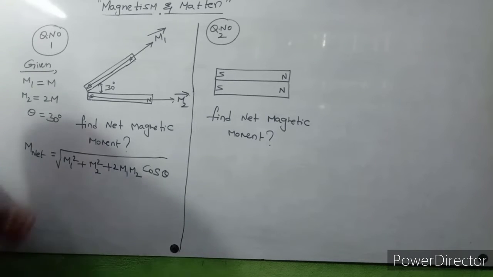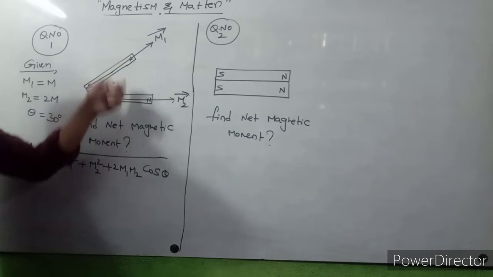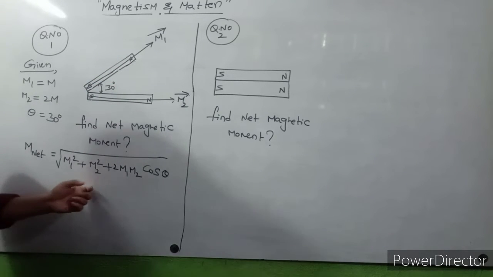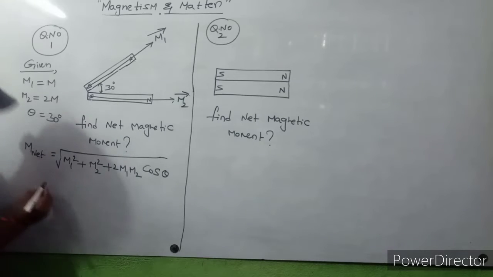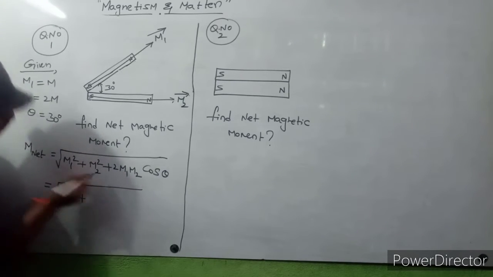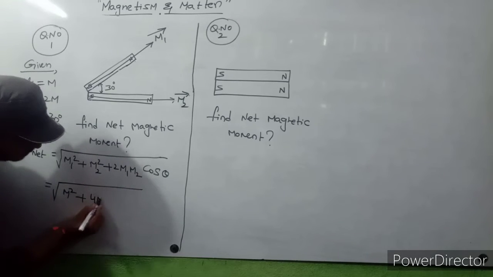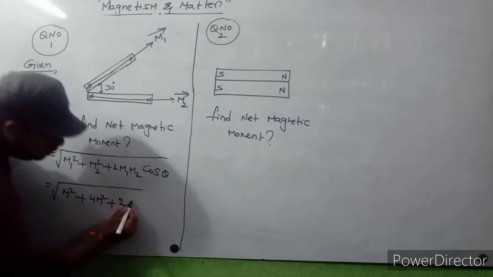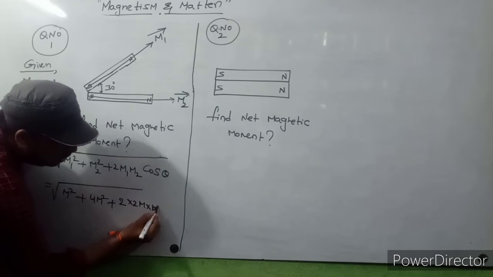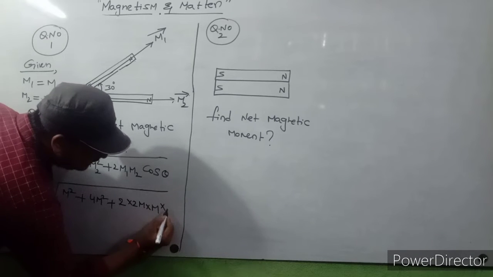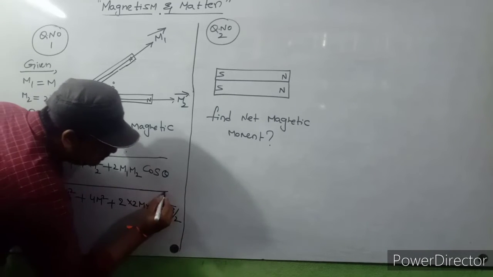By using this formula, if any 2 vectors are separated by some angle, we find it. M1 square means m square, M2 square means 4m square, plus 2 into m into 2m into cos theta. Theta value is 30 degrees, cos 30 degrees is root 3 by 2.